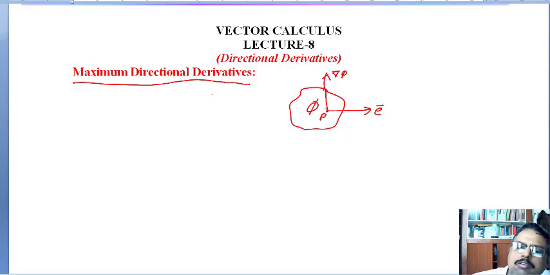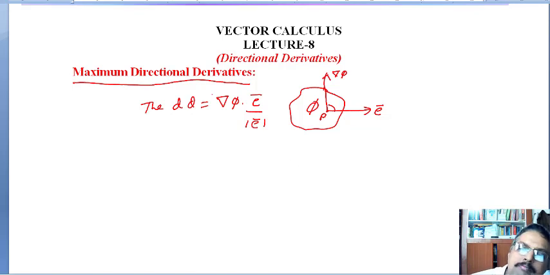Now E bar is the direction. Then what is the directional derivative? The directional derivative equals del phi dot E bar by mod E bar. Already we discussed the concept.